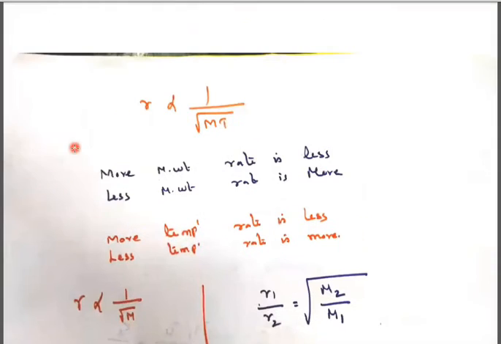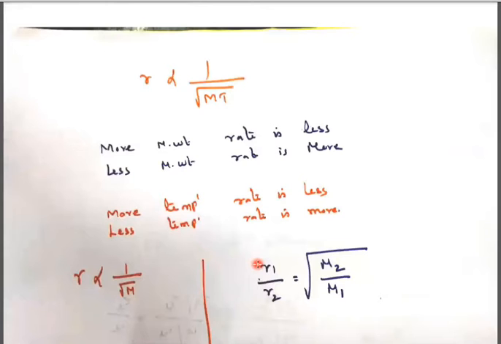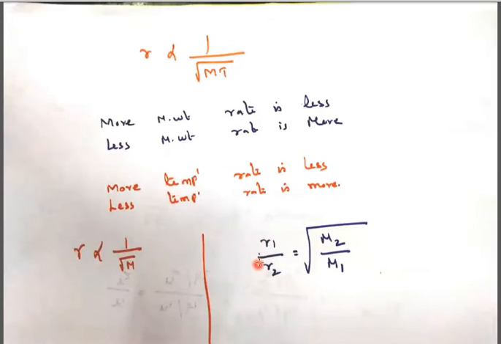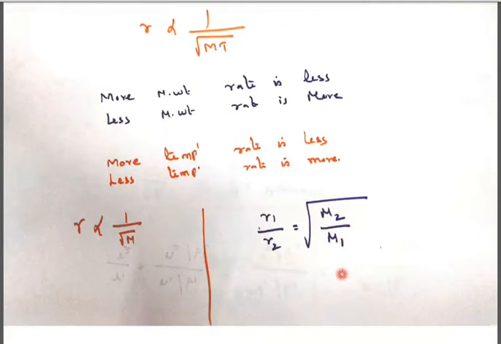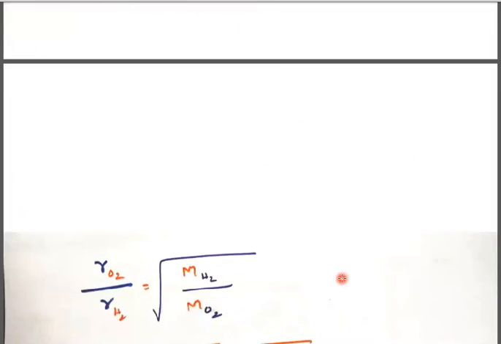Based on this, we can write the rate of effusion or diffusion R1 by R2 for two different gas molecules as the square root of M2 by M1, that is inversely proportional to the molecular weight of the second gas upon the first gas.